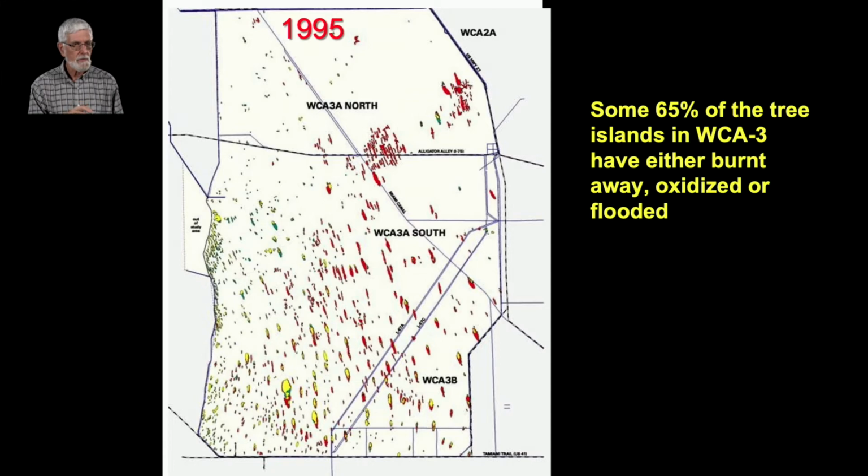Like I said earlier, you can oxidize and then water levels come up and you flood. 55% of the tree islands in Everglades National Park have also disappeared, mostly due to burnt away or oxidized, not flooded. And you'll see why that is in a minute.